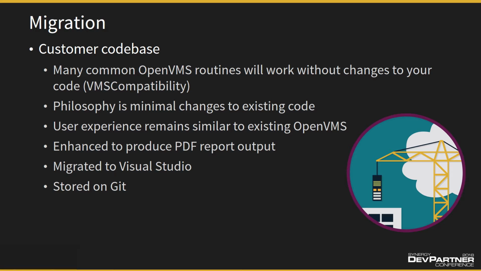In order to rapidly move to Windows, we needed to make minimal changes to their code. For this customer, their application is character cell-based, very old, and remains so in Windows. We'll actually see snapshots of how it looks in Windows.